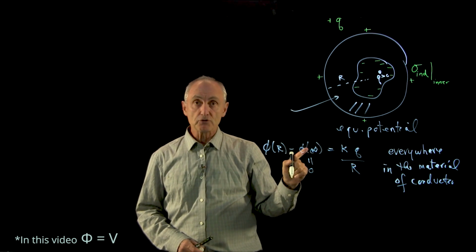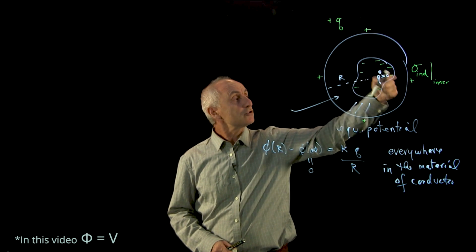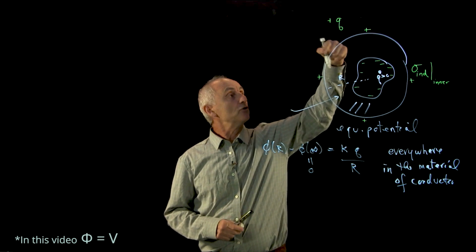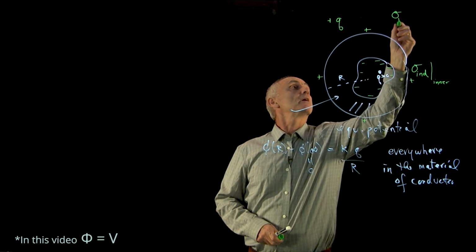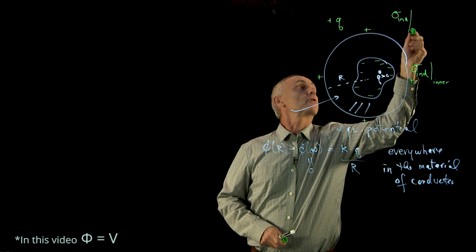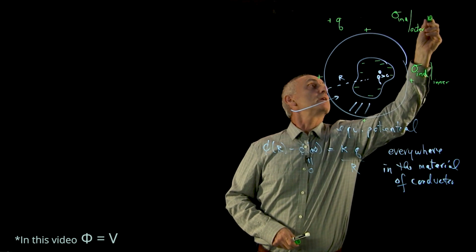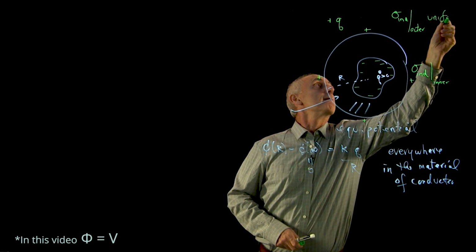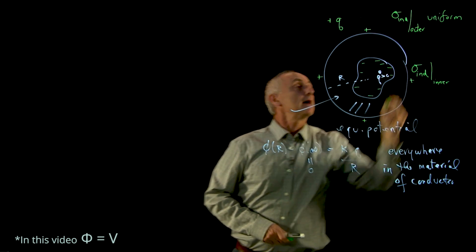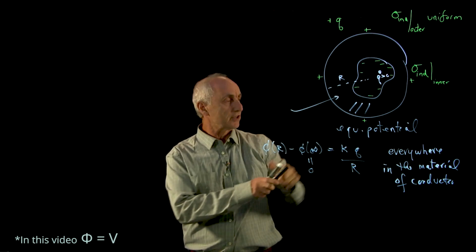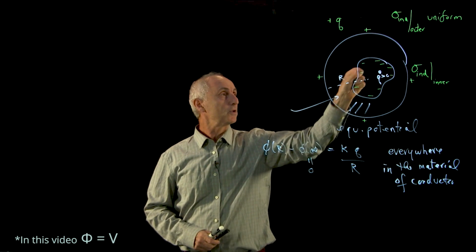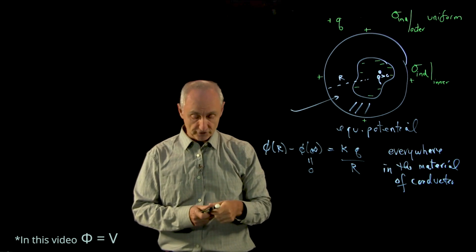This is often very confusing because we have this inner charge density and we have a uniform outer charge density. We can just write sigma induced outer. This one is uniform. And students find it very confusing that the whole material of the conductor can be an equipotential with these different charges located on the surface.